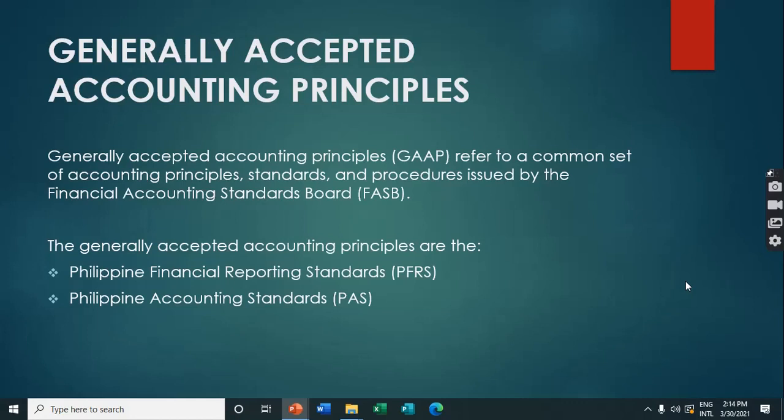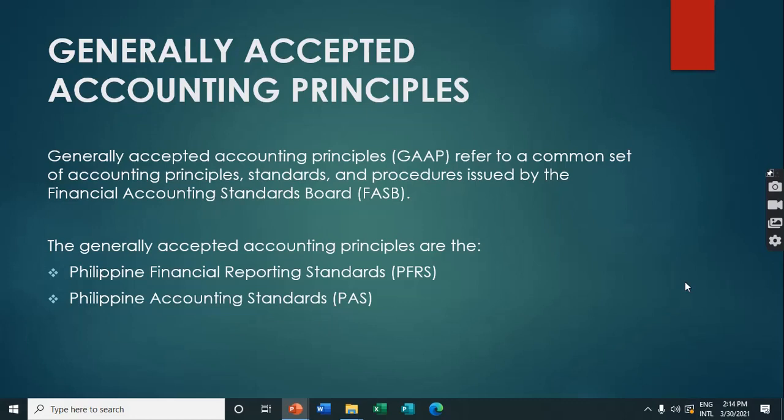Now, let's go to ano ba itong tinatawag nating generally accepted accounting principles or GAAP? Well, in accounting, hindi lang kasi tayo basta re-record ng transaction, then ilalagay natin kung magkano. But actually, we are guided by the different concepts and principles that we need to follow.